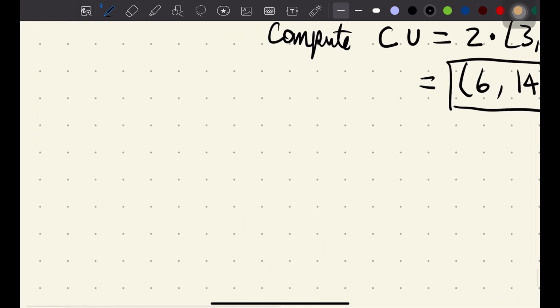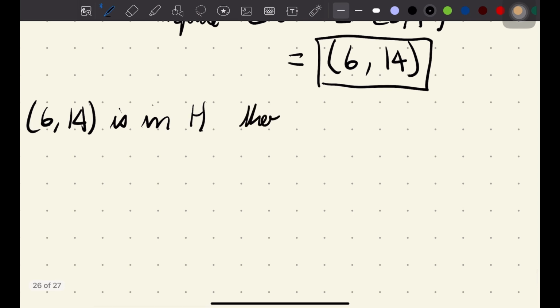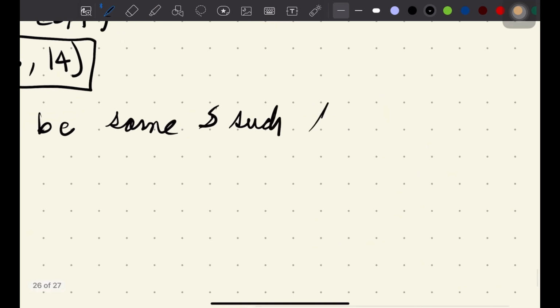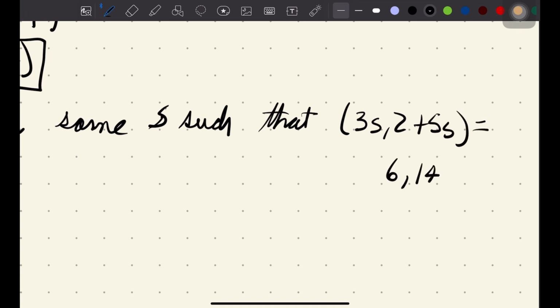And how do we do that? So if (6, 14) is in H, there must be some s such that (3s, 2 + 5s) equals (6, 14).